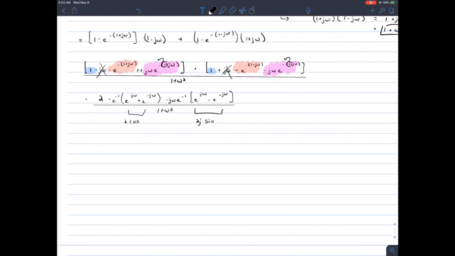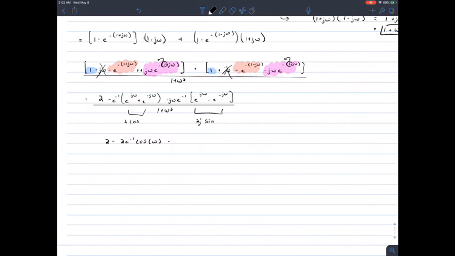So 2 minus 2e negative 1 cosine of omega, minus, so we have 2j times negative j.